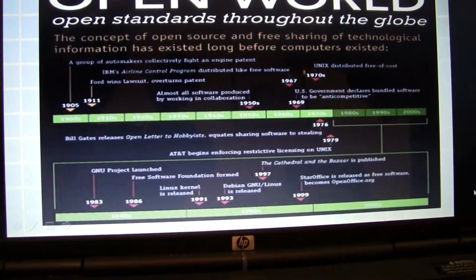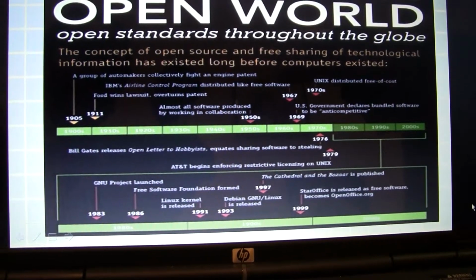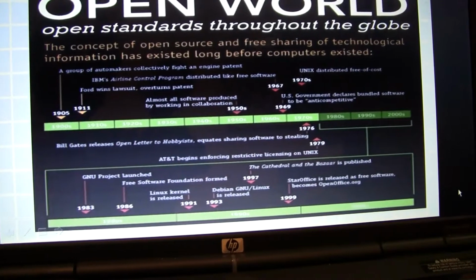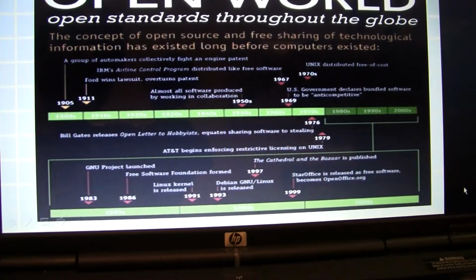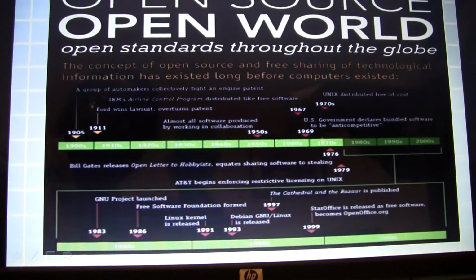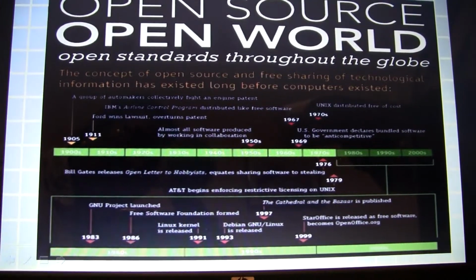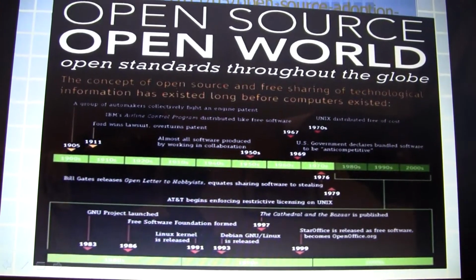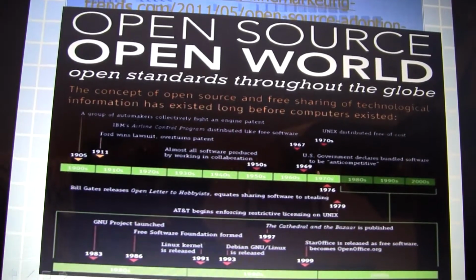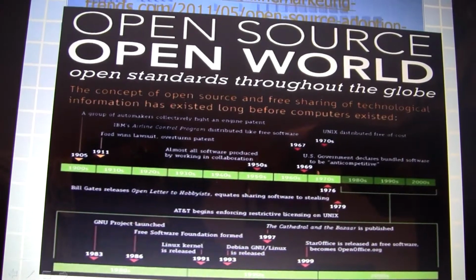During the 60s, the Unix system was launched free of cost. In 1969, the US government decided that bundling software was anti-competitive. In 1976, Bill Gates claimed that sharing software is like stealing.